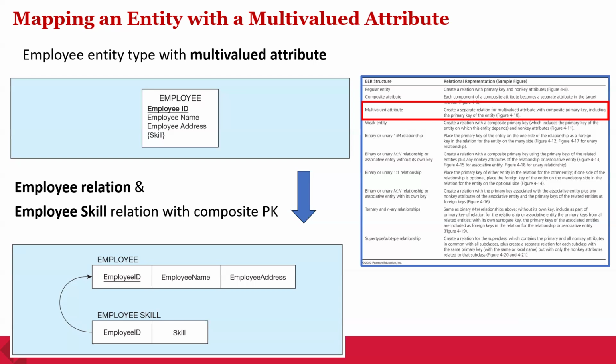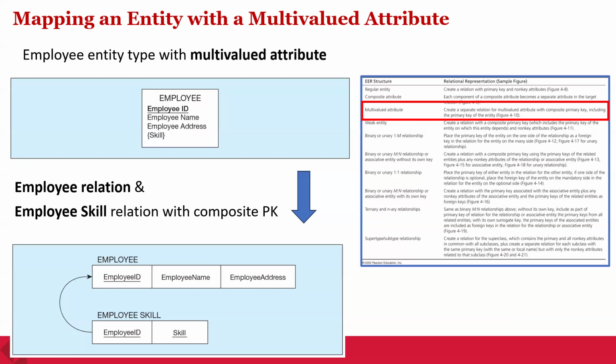So this is a little more complicated concept because one relation is going to turn into two. But again, based on those rules, we just follow the rules and create what the rules tell us to do.